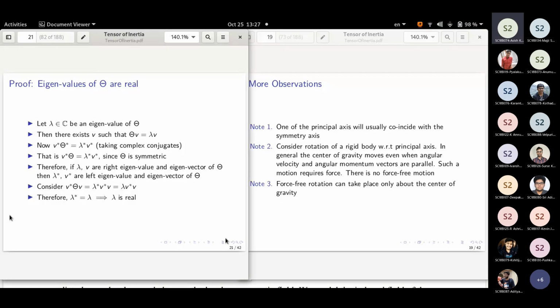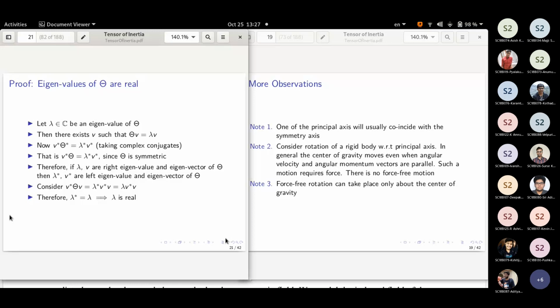Sir, it can happen that V star V multiplied by lambda minus lambda star equals 0, like not necessarily both of them are 0. Yeah. But lambda is a scalar quantity, no? Either it can be complex or real, it's a scalar.